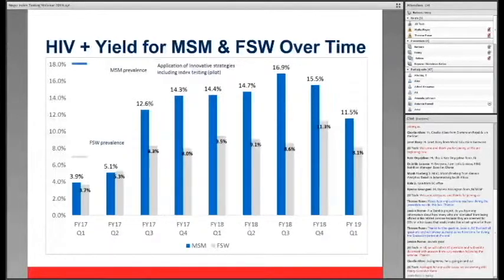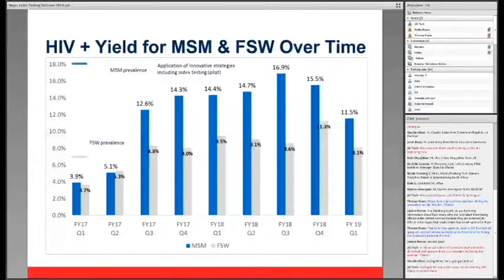I must add that the cadre of people that we trained and oriented included the executive directors of the civil society organizations, because we realized that we have to deepen their understanding and buy-in to index testing, and to assure them that this is not going to create more problems or more stigma. We also trained case managers and nurse counselors, and also lay counselors.